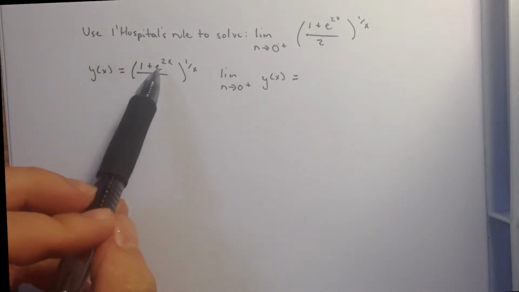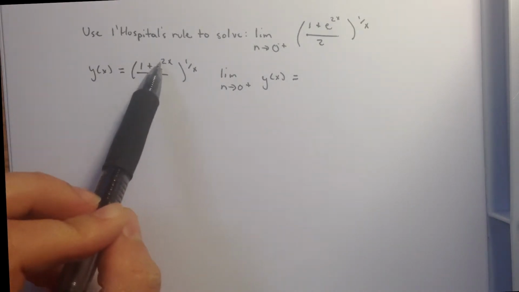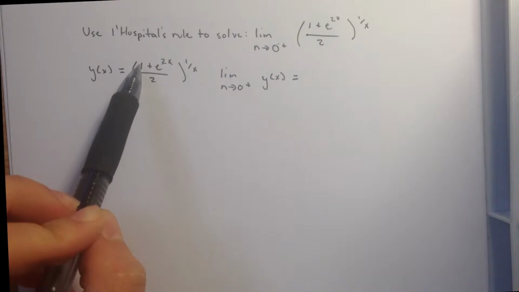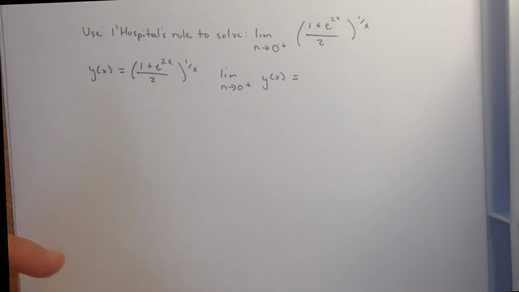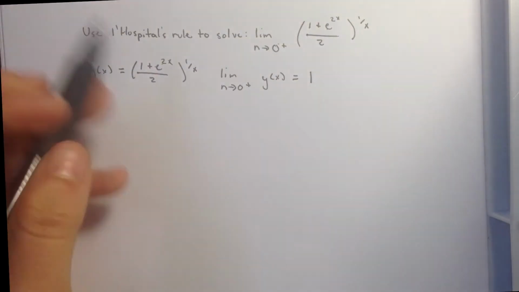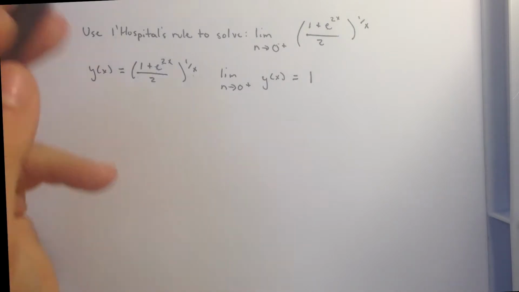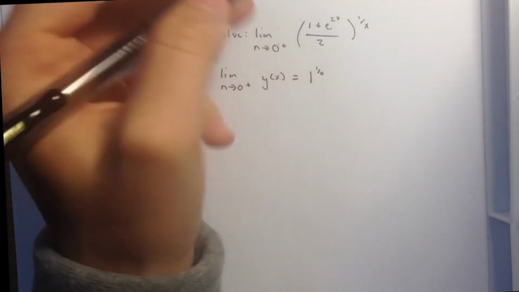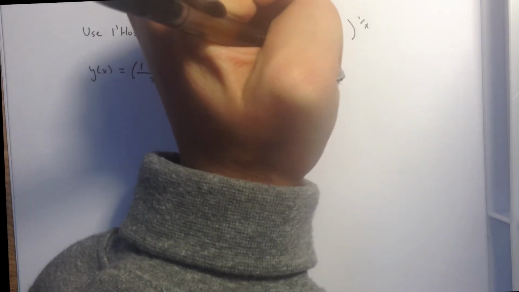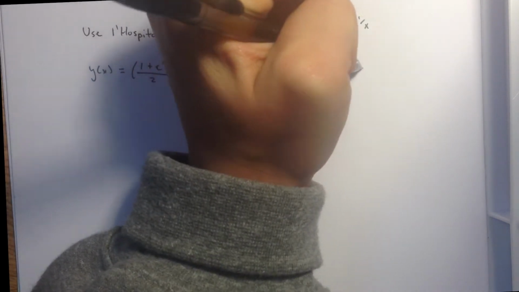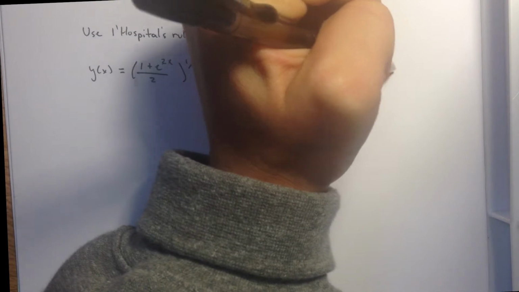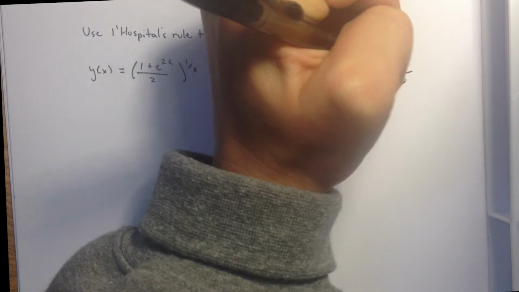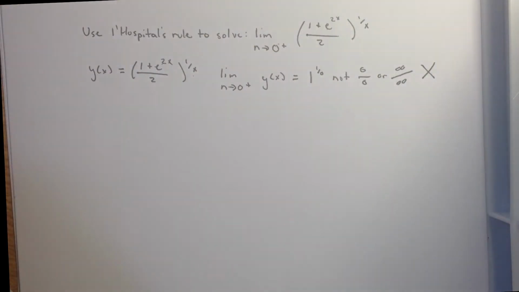Well, if we put a 0 in here, e to the power of 0 is 1, and 1 plus 1 is 2, 2 over 2 is 1. We put a 0 in here, and we get 1 over 0. And this is an indeterminate form, but it is not 0 over 0 or infinity over infinity. So we can't use L'Hopital's rule on it.